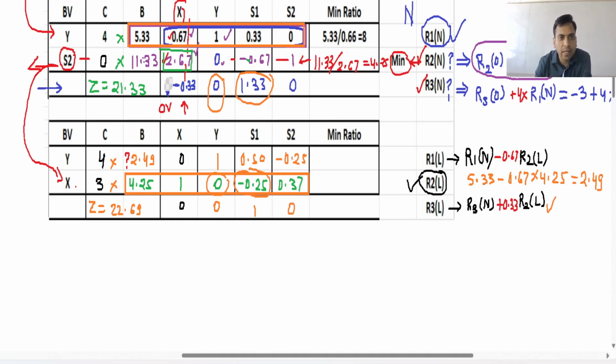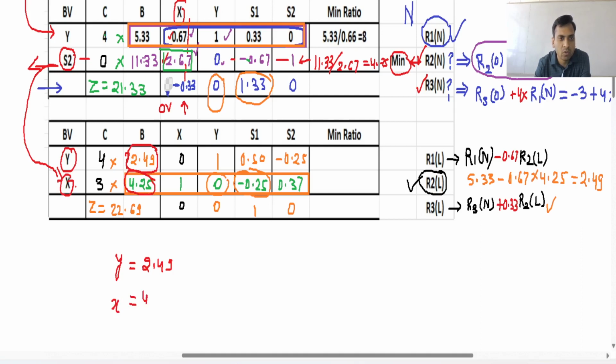So now you will see in this last row no negative value in x and y. This means your problem is completed. Now we will identify values. So for y, this value of b is y equals 2.49, and for x this value is 4.25.